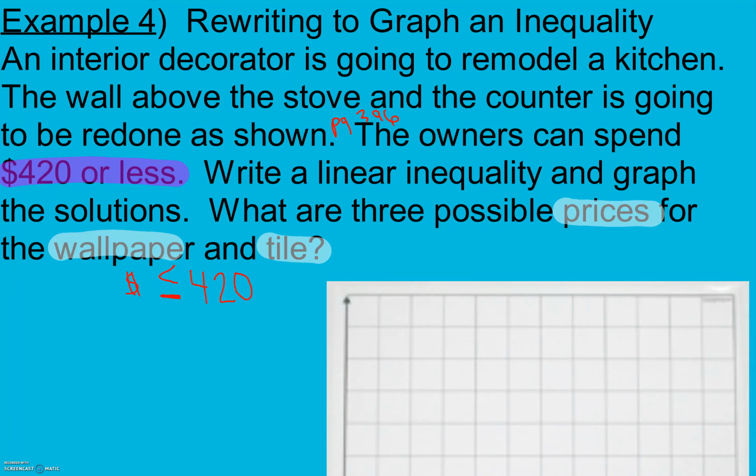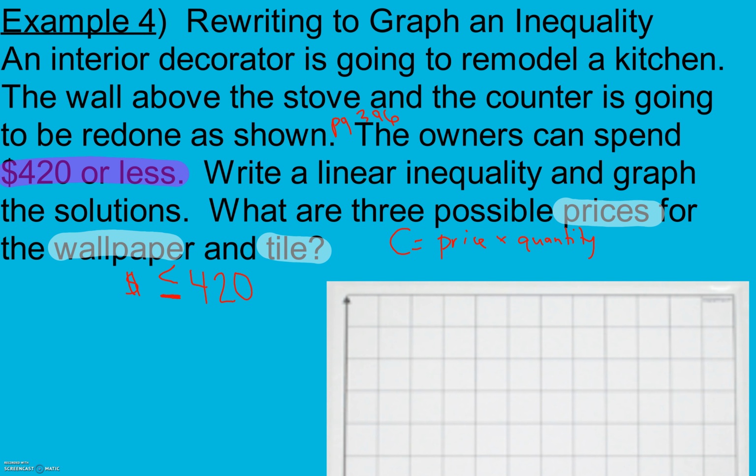So again, to find cost, we take price times quantity, or how much. If we look on page 396 here, it shows us that the tiled area is 3 feet by 4 feet. So we have a total of 12 square feet of tile.